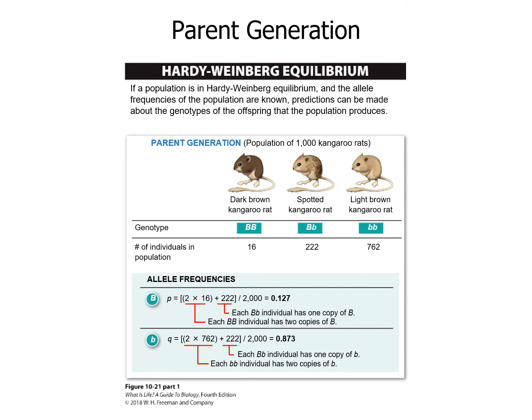So here is an example of how the Hardy-Weinberg equilibrium can be used, and I'm going to try to go through this as best I can. This is a little bit harder to teach from behind a screen instead of using a board.